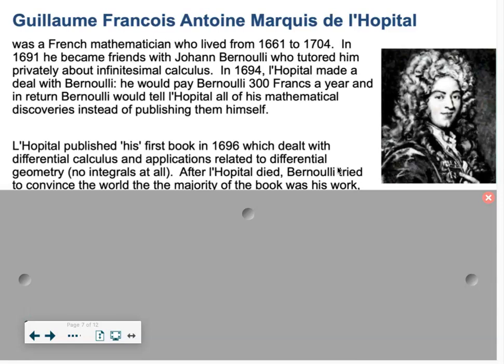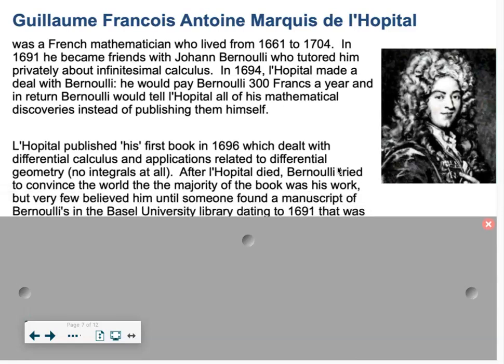Okay. After L'Hopital dies, Bernoulli starts trying to tell everybody, look, L'Hopital didn't come up with any of this stuff. This was mine, right? But nobody believes him because L'Hopital's the one who published it, right? So nobody believes him. Then all of a sudden, this manuscript is found in Basel University that dates to 1691 that has almost all the content from the book in it.